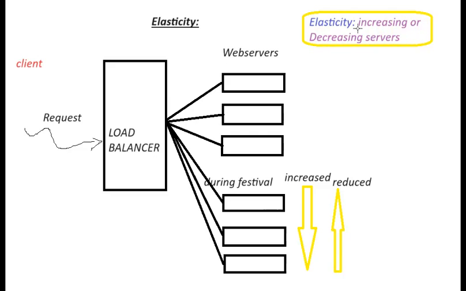Now my question is, since we are going to use AWS, I need to perform this elasticity in AWS, right? So how does AWS achieve this elasticity?